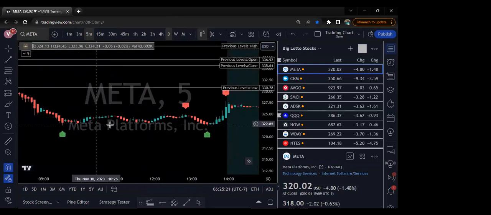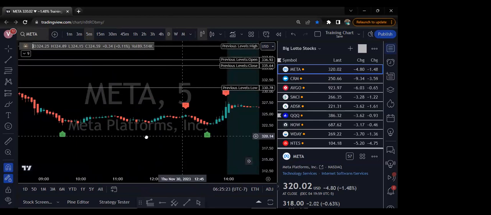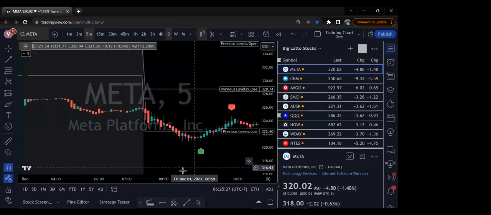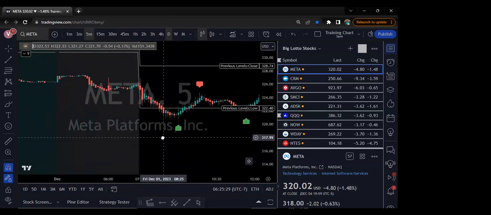And the whole day, it was just consolidating on this level. Then the next day, so this strategy is basically for day trading, you're scalping or you're day trading. You can use the same strategy if you want to swing, but we are not talking about swing today. Today is about scalping and day trading.